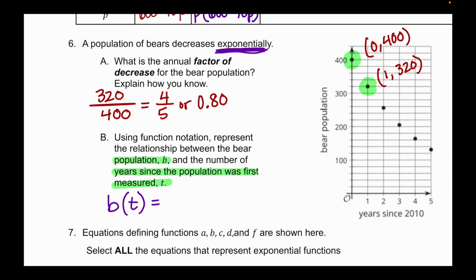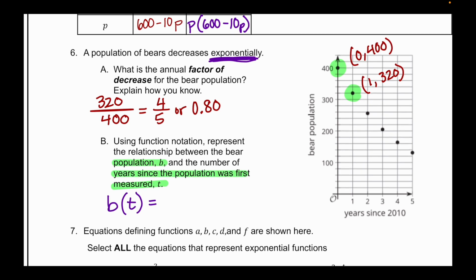We're going to start with the initial value, which is how many bears there were to begin with, that 400 number. So the initial value goes out front, and then our growth factor, or in this case, the factor of decrease. I'm going to use the fraction version, so 4 over 5.